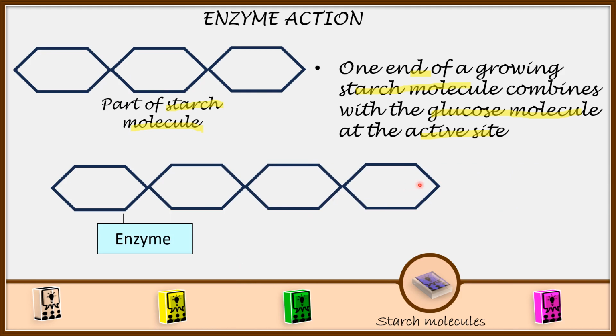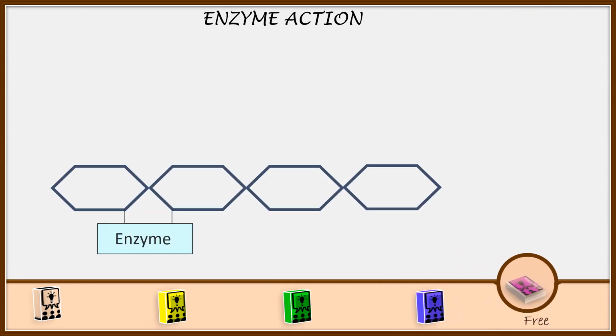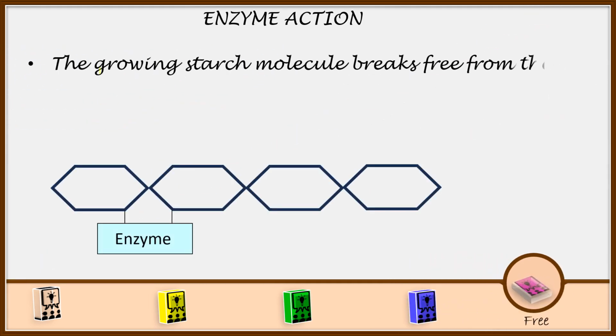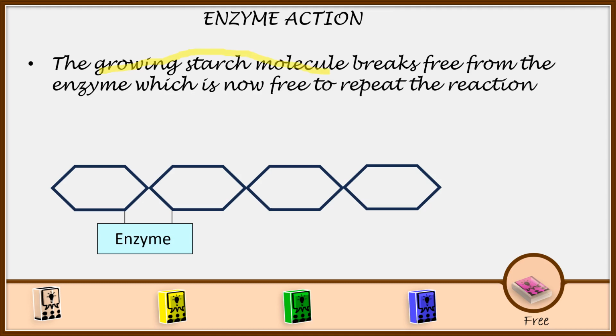Here we can see that we have brought the other part of the starch molecule, and when it comes, it combines with this free active site, and then we combine this glucose molecule to this group of starch molecules. The growing starch molecule will break free from the enzyme, which is now free to repeat the reaction.